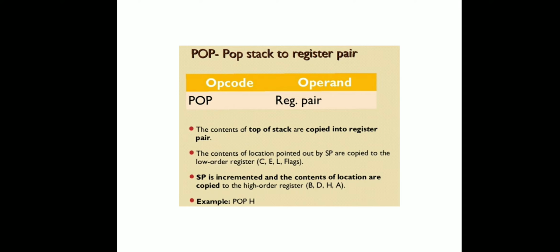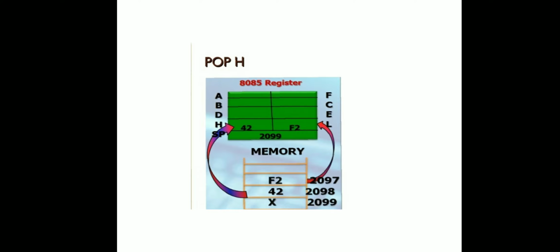The content of the location pointed out by the stack pointer is copied to the lower order register, and after this the stack pointer is incremented and the content of that location is copied to the higher order register. Like this, pop H, here the content of data is copied from both memory locations.